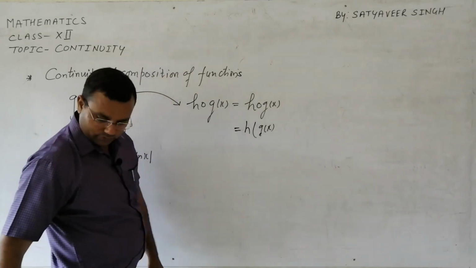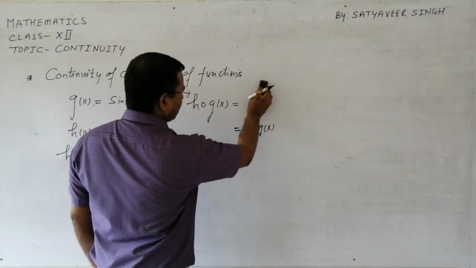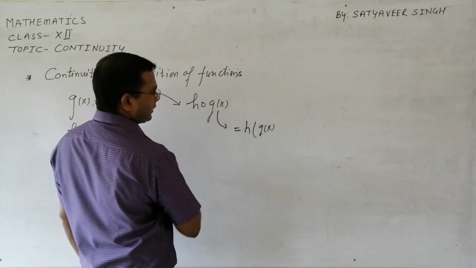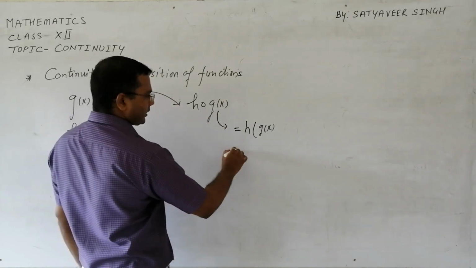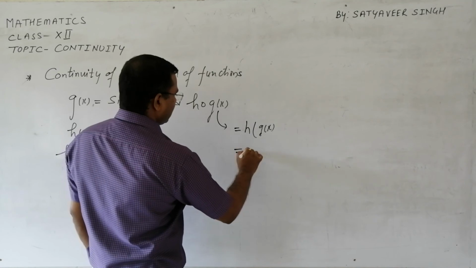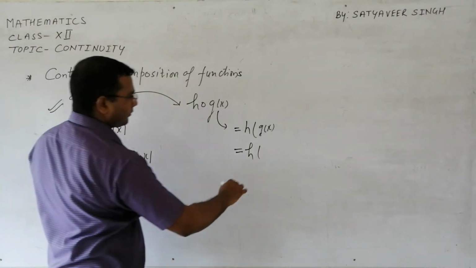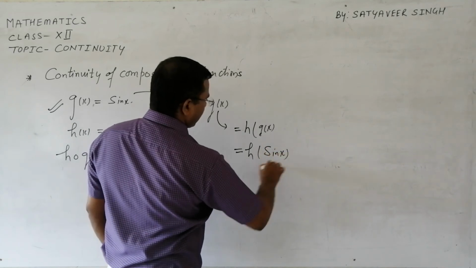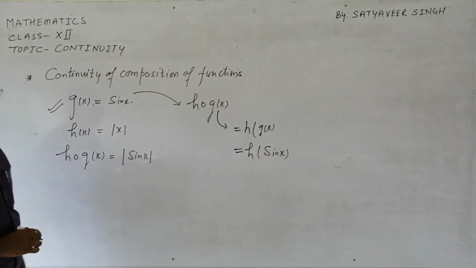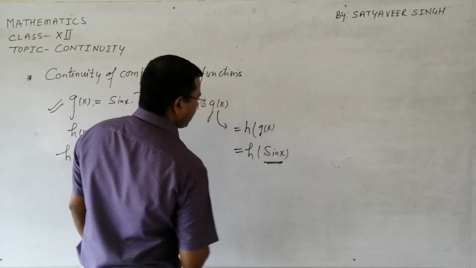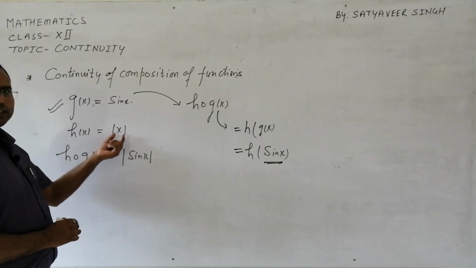Here we can write directly that this is equal to h of g(x), and the function g(x) is what? It is given as sin x. Now this g(x), sin x, is treated as the input x for the next function.